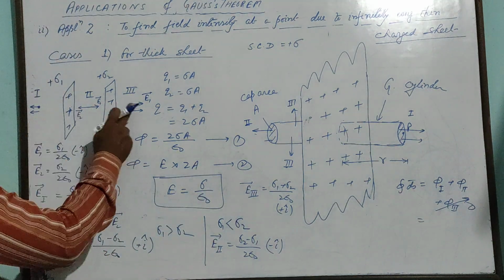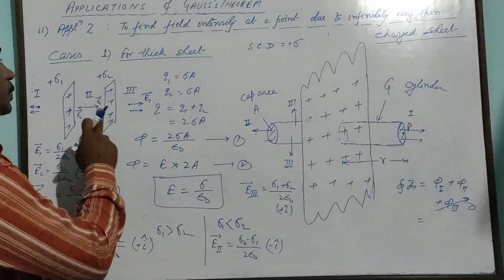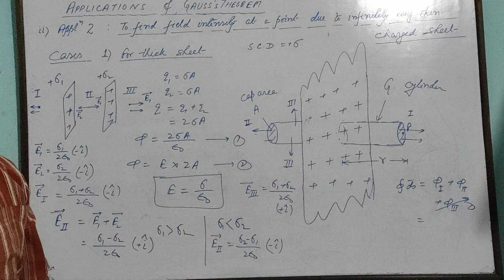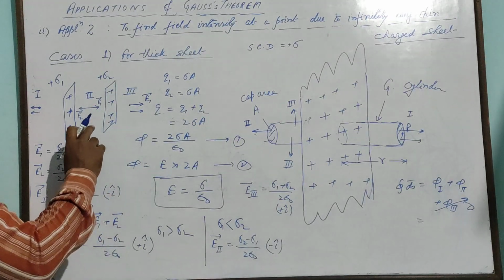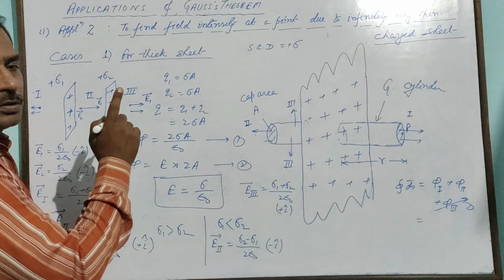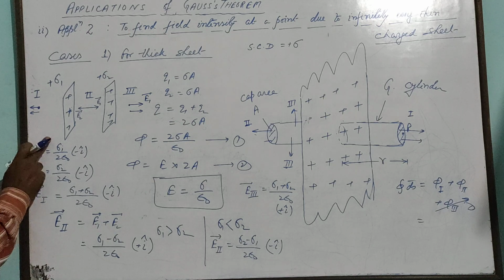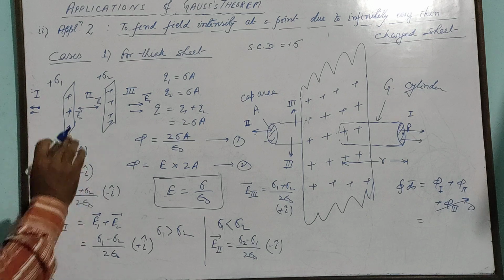So zone 1 and zone 3 will have the same magnitude, only the direction differs, while zone 2 depends upon the magnitude of charge density. If it is a thick charge sheet, in that case, in place of taking sigma 1 by 2 epsilon naught, you will take sigma 1 by epsilon naught only. For a thick sheet, you can put it.